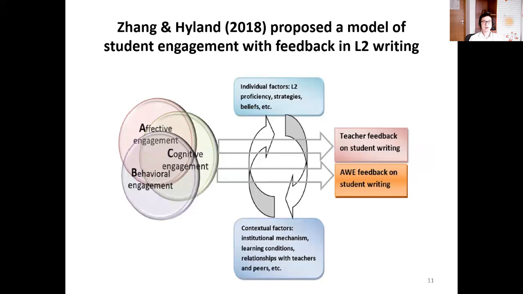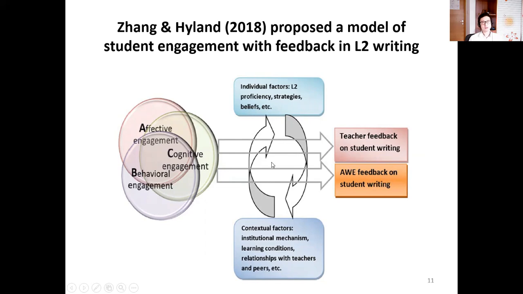Here is another model of student engagement, and it is specifically related to writing. Zhang and Hyland propose a model of student engagement with feedback in writing. In their model, you can see that there are three types of engagement: affective, behavioral, and cognitive. How do students engage with teacher feedback and AWE feedback on their writing?